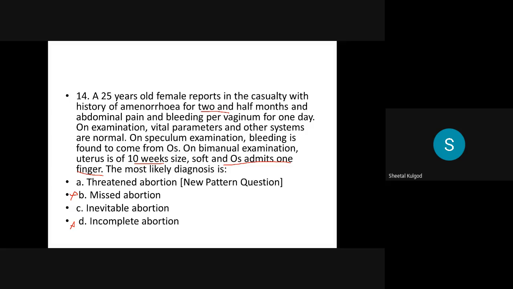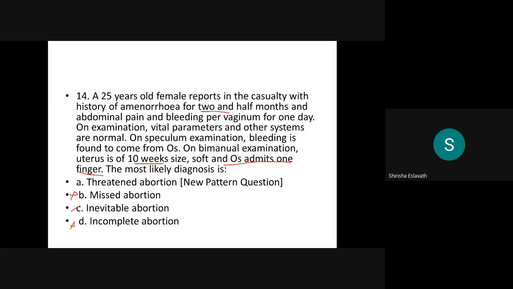Whereas in this case, the os is admitting one finger, which means it is dilated or open. So between threatened abortion and inevitable abortion, the os will be open in which condition? Inevitable, option C, ma'am. Inevitable abortion. Correct. So I hope there is no confusion between any of these clinical scenarios. You all have understood all this properly?